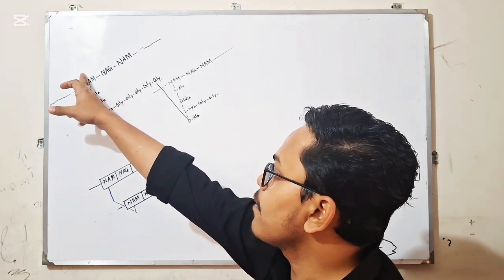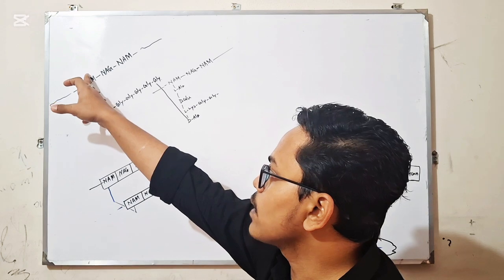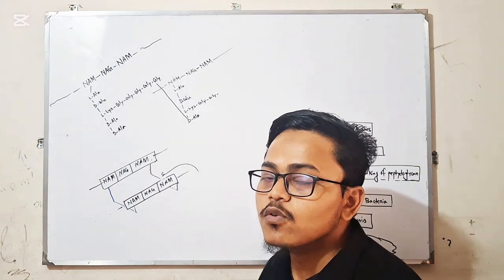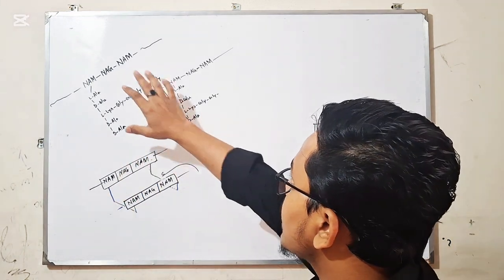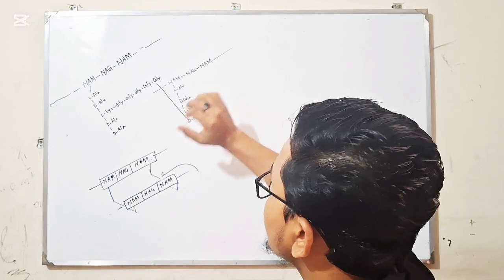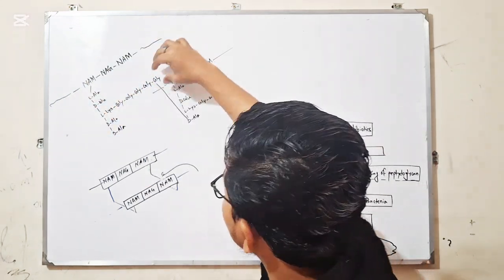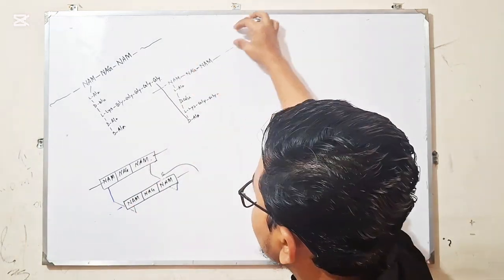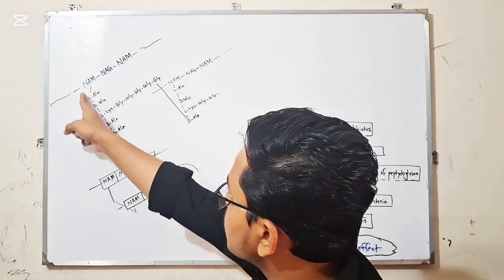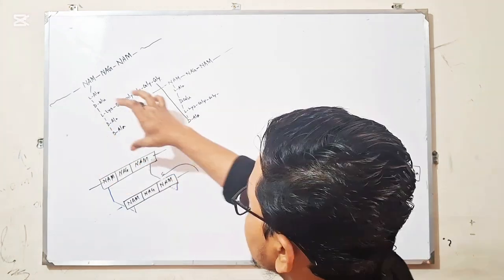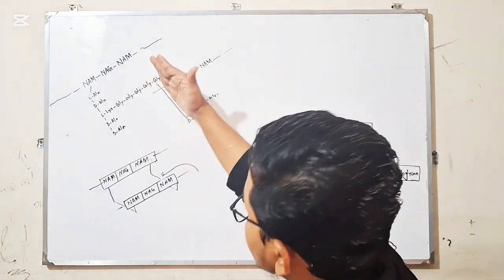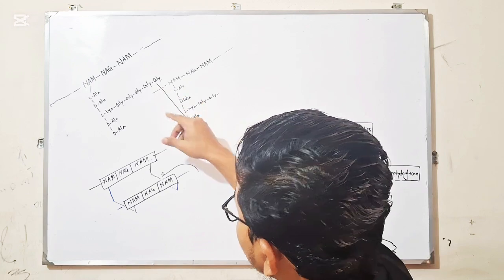The full form of NAM is N-acetyl muramic acid, and the full form of NAG is N-acetyl glucosamine. Similarly these are the same, NAM, NAG, NAM. So this is sugar backbone, and this is another sugar backbone, and the peptide chain is connected with the NAM, here also connected with the NAM.